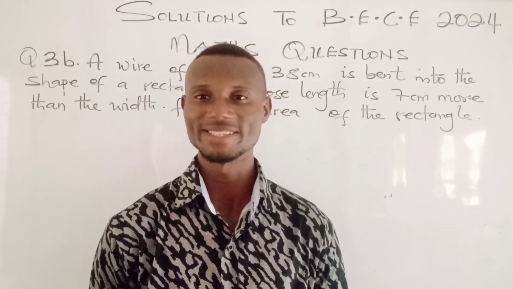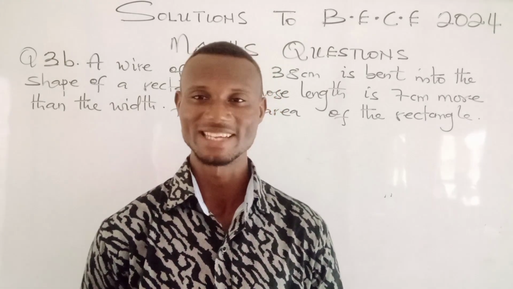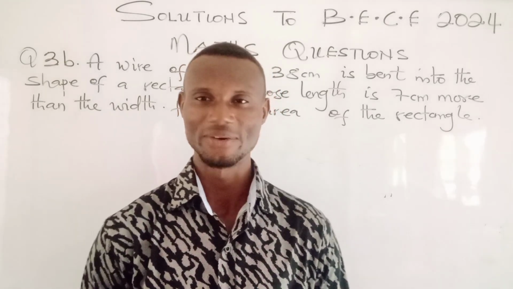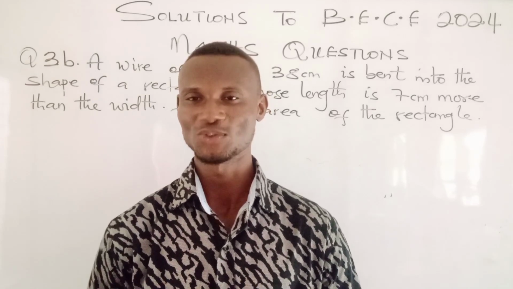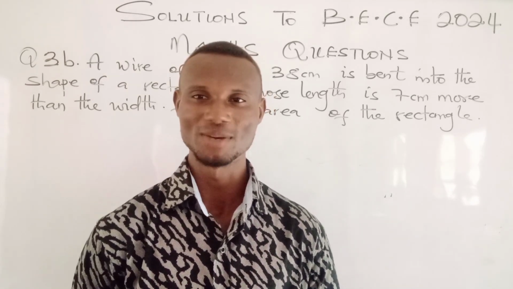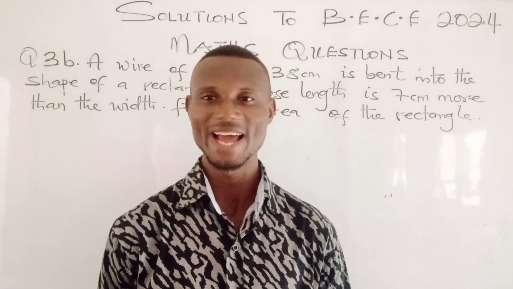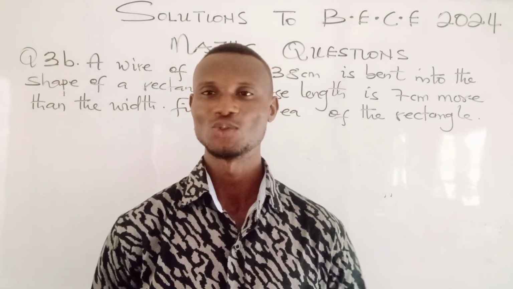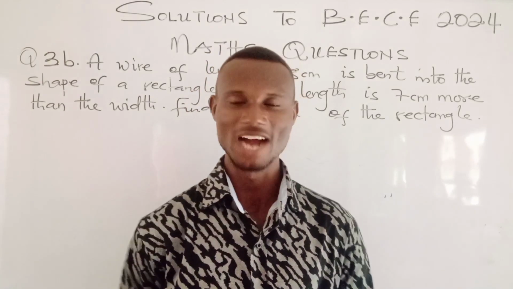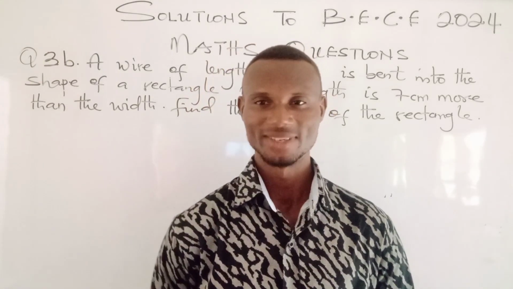So please do all to search for the previous videos that I've done on perimeter and area of plane figures so that you can get the basic knowledge and foundation to be able to handle this question, because you are just going to apply that knowledge to solve the question that I have on the board. Okay, so let's go ahead and tackle this question.